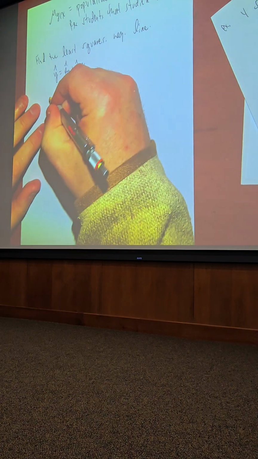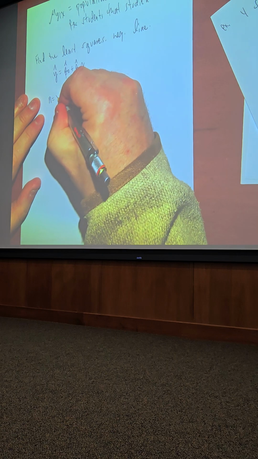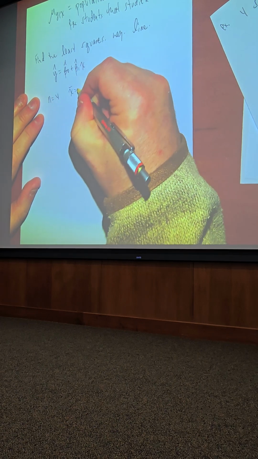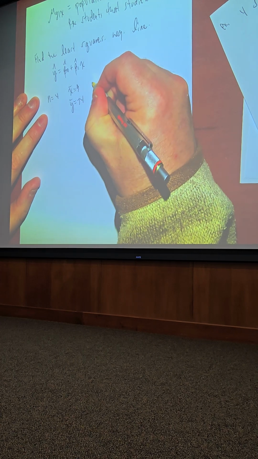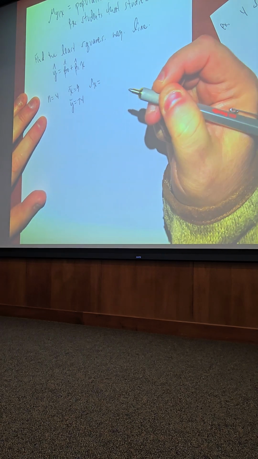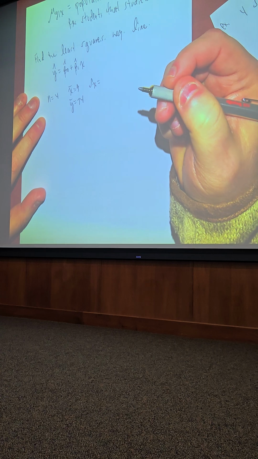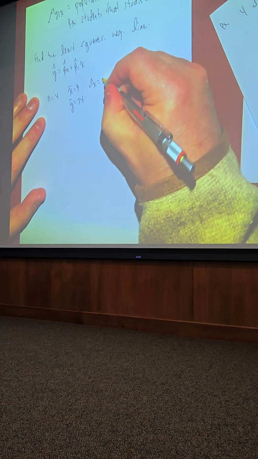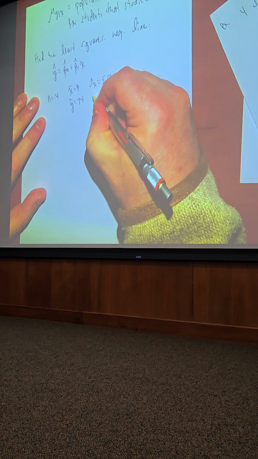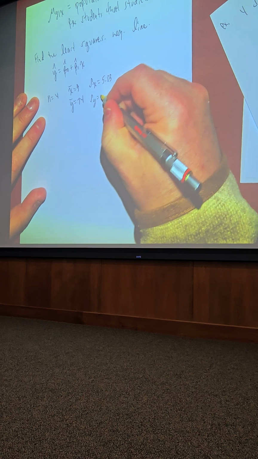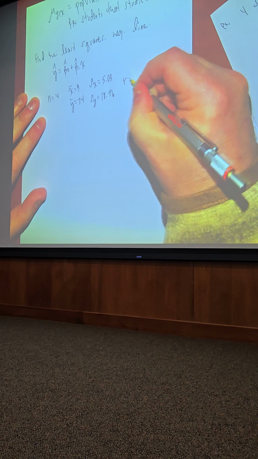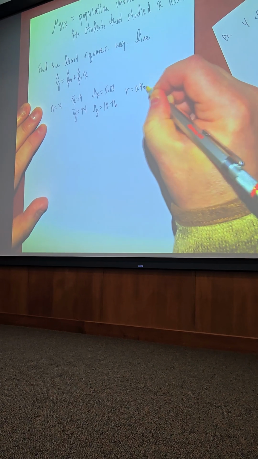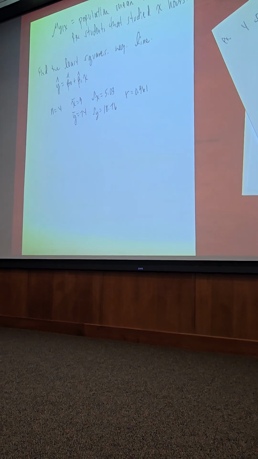And just to refresh your memory, n is 4, x bar was 9, y bar was 74, the standard deviation of the x values was 5.03, standard deviation of the y values was 18.76, and the correlation we found is 0.961. Okay? Those were our summary statistics that we found earlier.